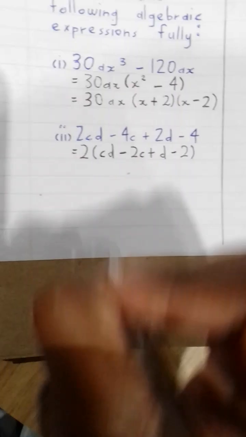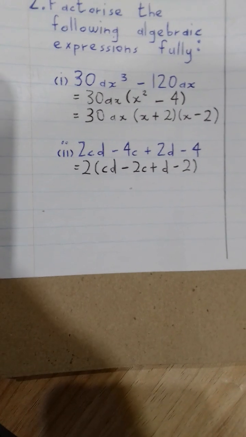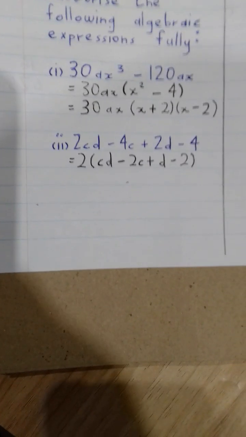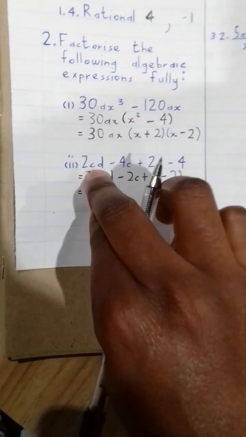Alright. Now in the bracket you have c's as well as numbers. Let's factorize them according to c's. Let's take out c in the first two. cd divided by c, the c's are gone, you have d.